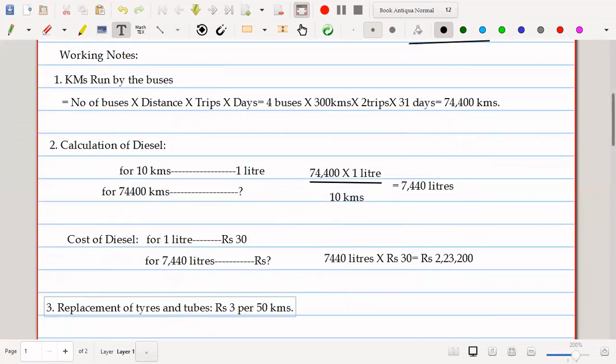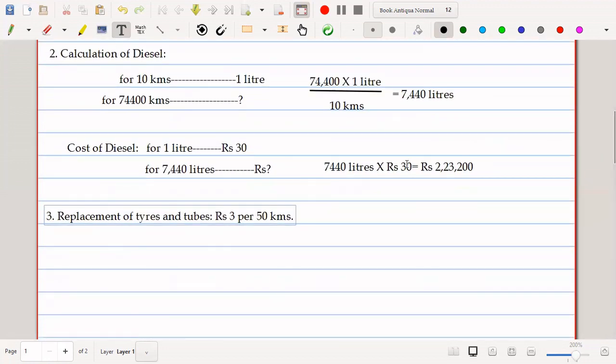Let's calculate this cost now. For 50 kilometers, it is rupees 3. So how many kilometers are run by the buses here? 74,400 kilometers. This is the total kilometers run by all the buses. What will be the cost now?